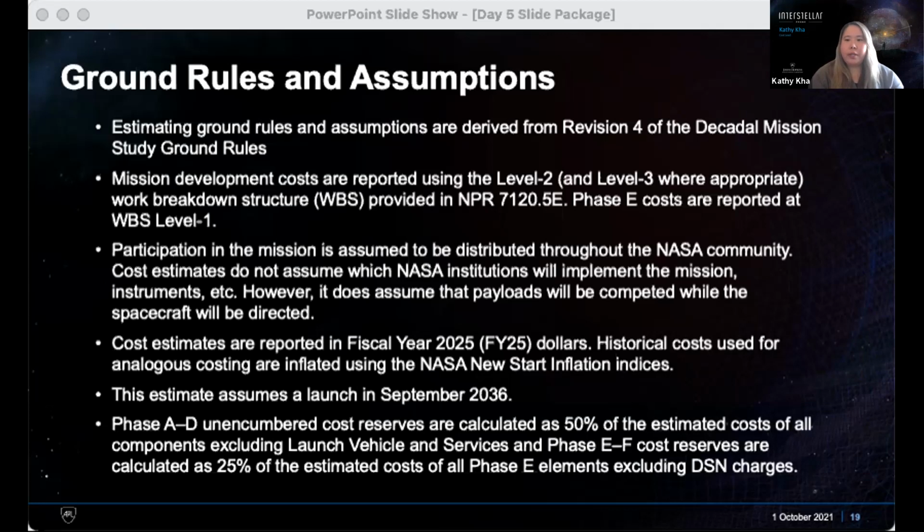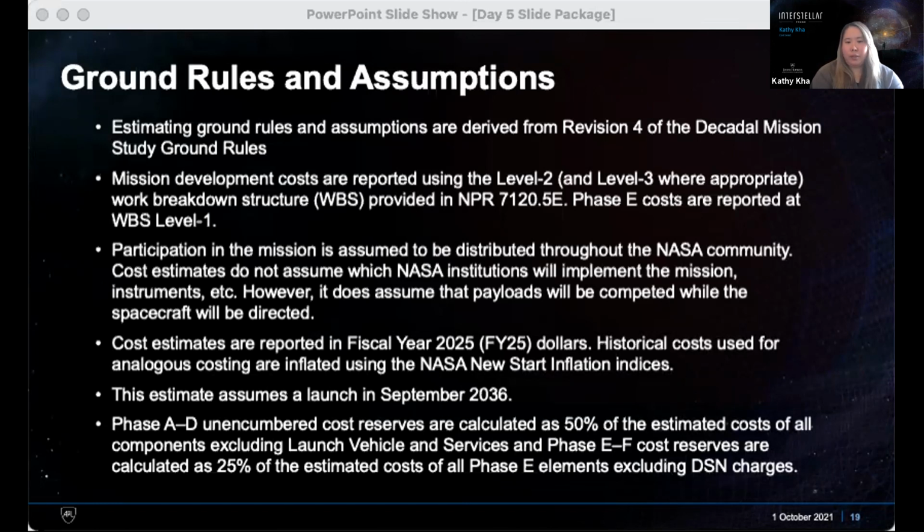The other assumption, which Michael touched on earlier too, for the cost estimate is that we've assumed that the spacecraft is agnostic. It'll be directed, but we haven't assumed who it'll be directed to. So it's a directed spacecraft, similar to other large strategic missions, with a competed payload.